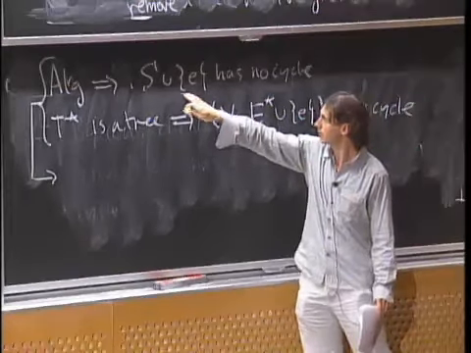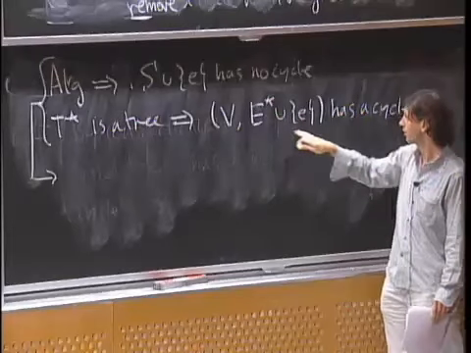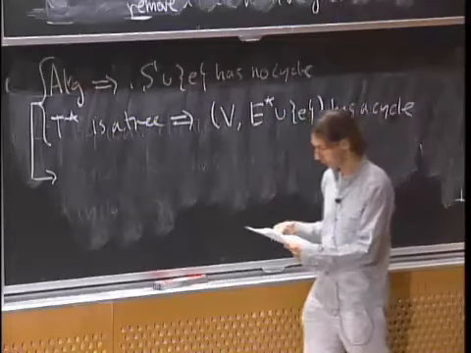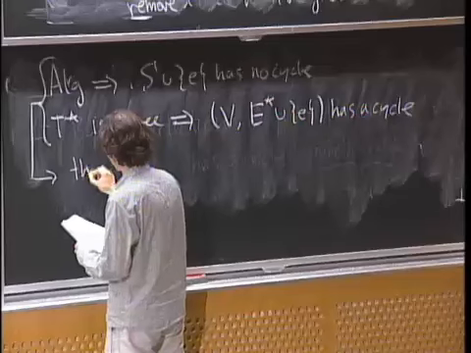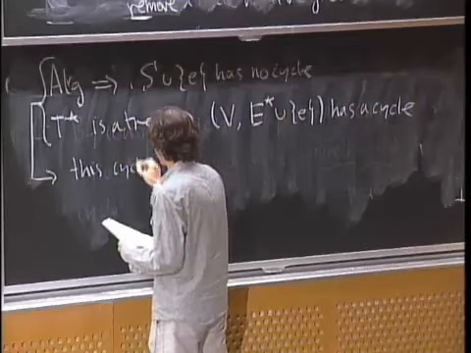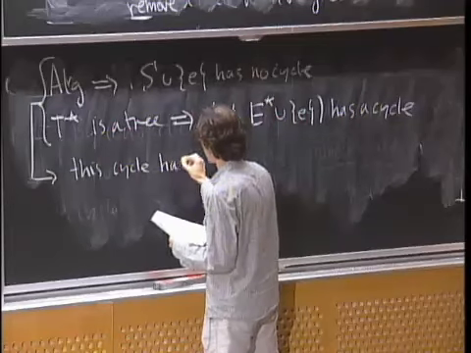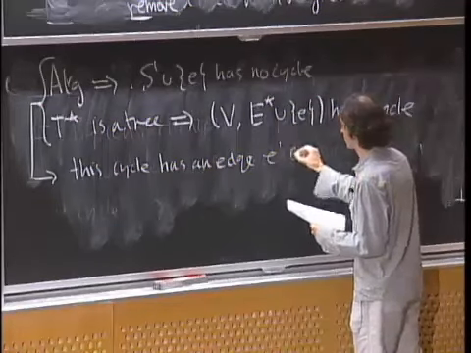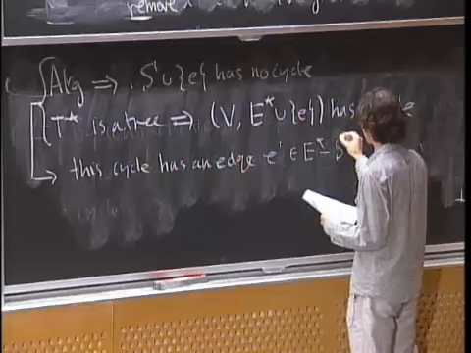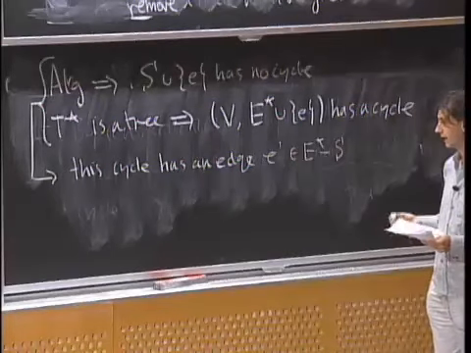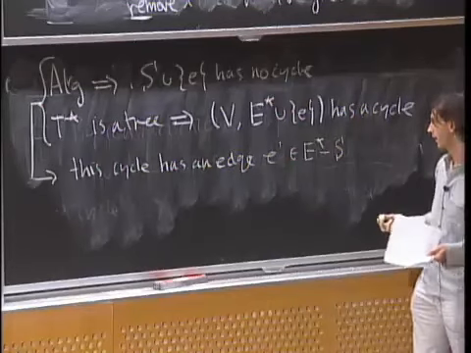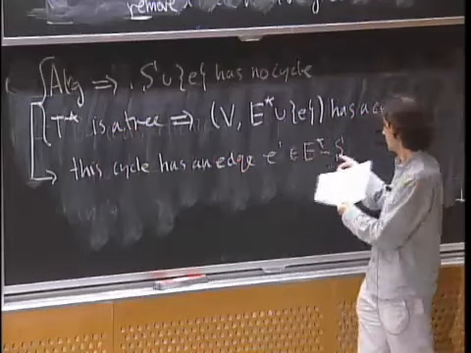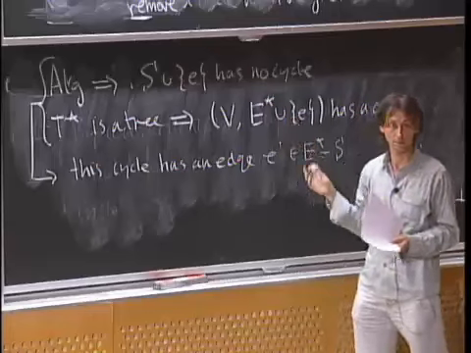well, if S with E has no cycle, but E star with E has a cycle, and S is contained in E star, well, there's only one possibility, and that is that this cycle must have an edge E prime that is in E star minus S. Because if it would not have such an edge, then all the edges of the cycle must be located in S together with E, but S together with E has no cycle, so that's not possible.